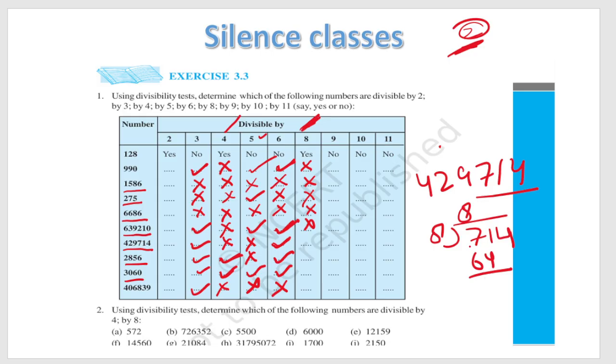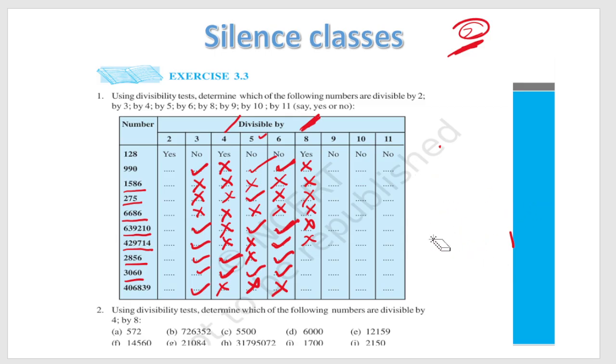Now 11 minus 4 is 7. This is 74, and 8 nines are 72. 2 is the remainder, which means this number is also not divisible by 8.